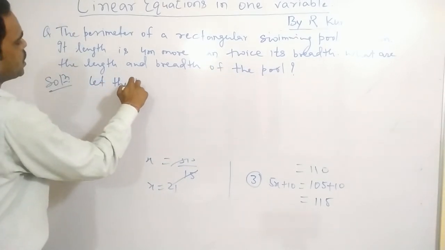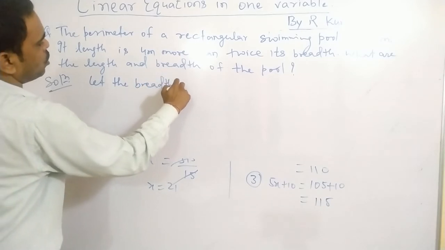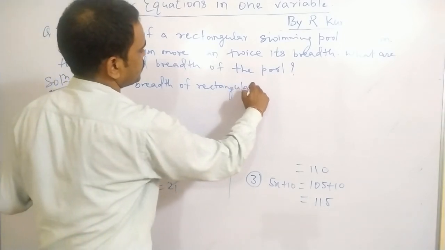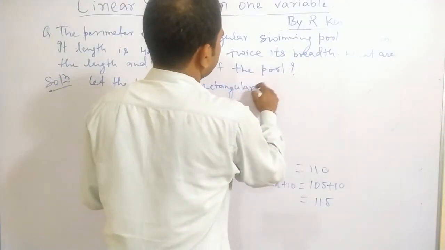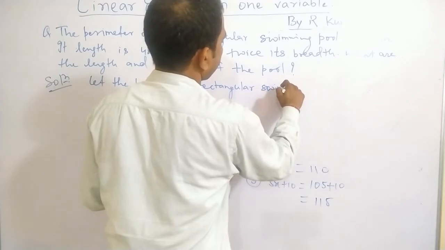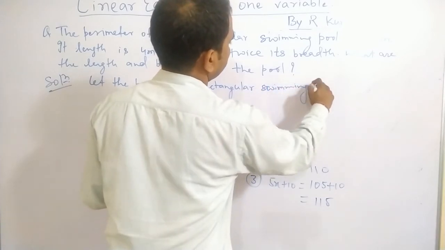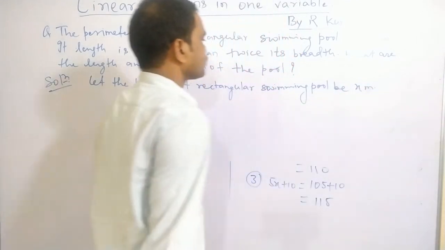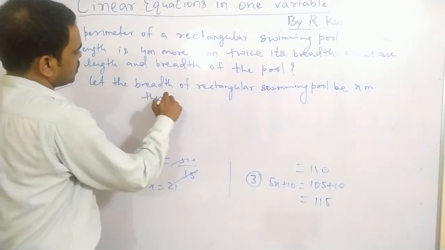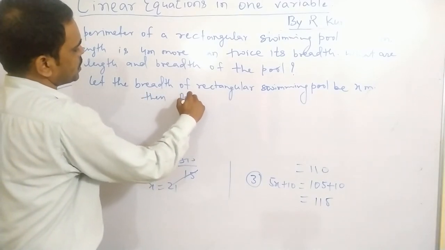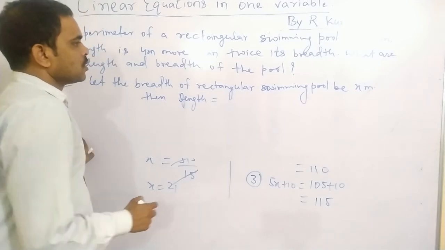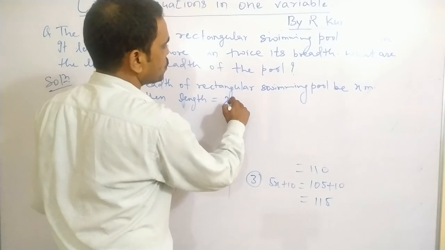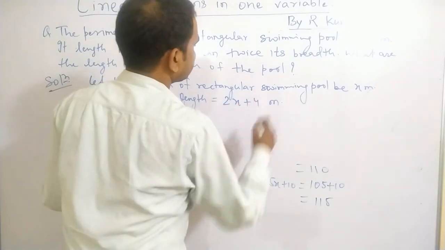Let the breadth of the rectangular swimming pool be x meters. Then the length should be written there. It is 4 meters more than twice its breadth, means 2x plus 4 meters.